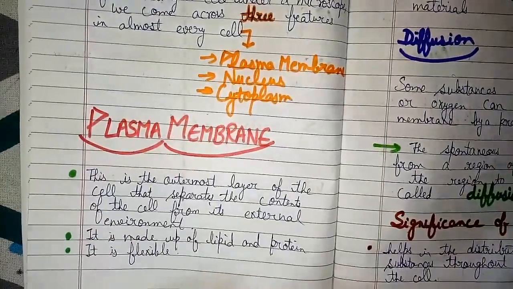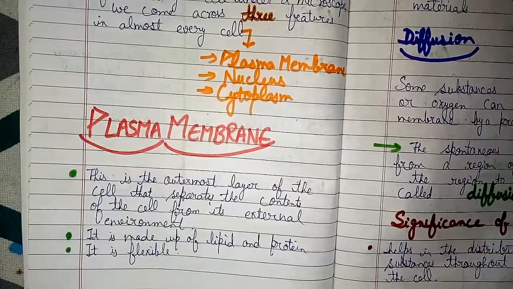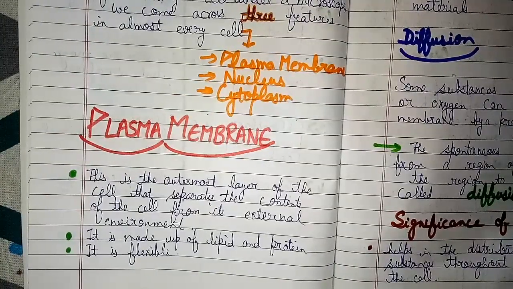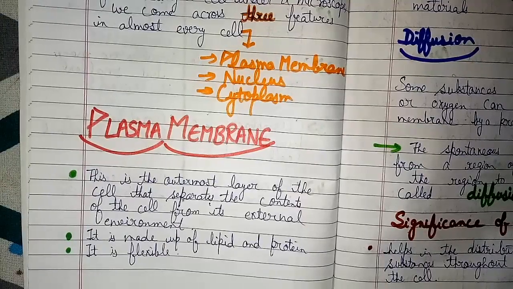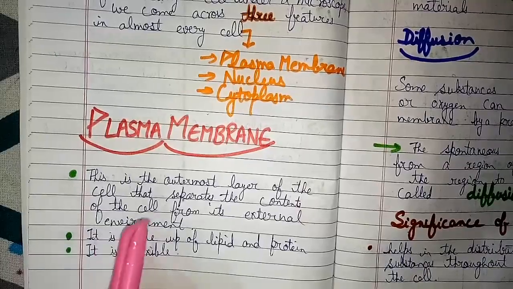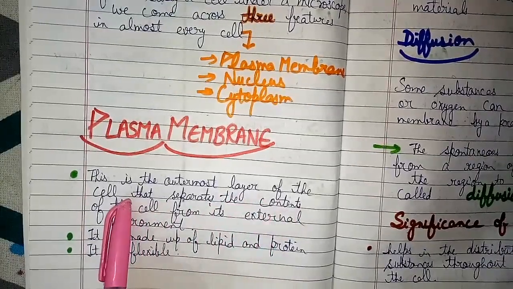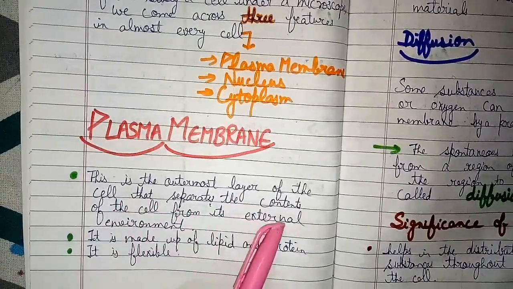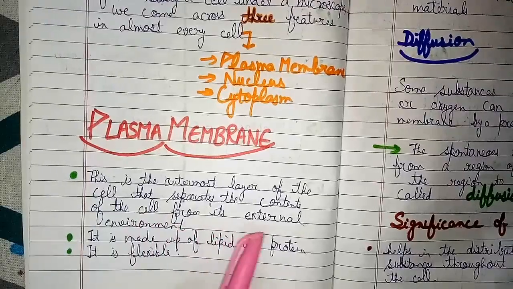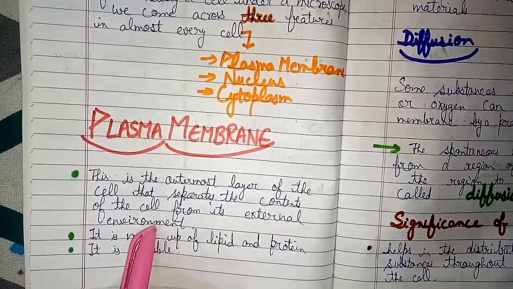The plasma membrane is just like a cover. Just like a cover protects every object from environmental conditions, the plasma membrane also protects the cell from the conditions present outside. It is the outermost layer of the cell that separates the content of the cell from its external environment.